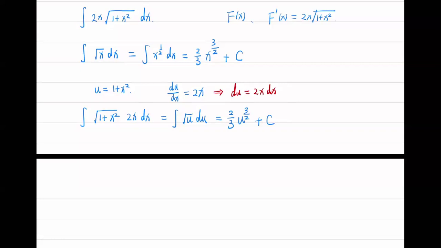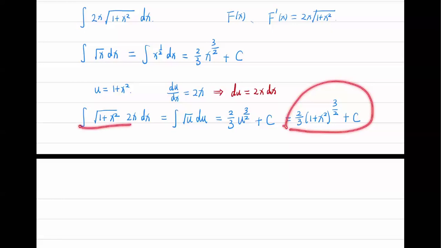Okay, so this step reduces the integral of a complicated function of x to a much simpler function of u. We find the integral. Then we can switch back to x. u is 1 plus x squared, so it will switch back to a function of x. We find the indefinite integral.